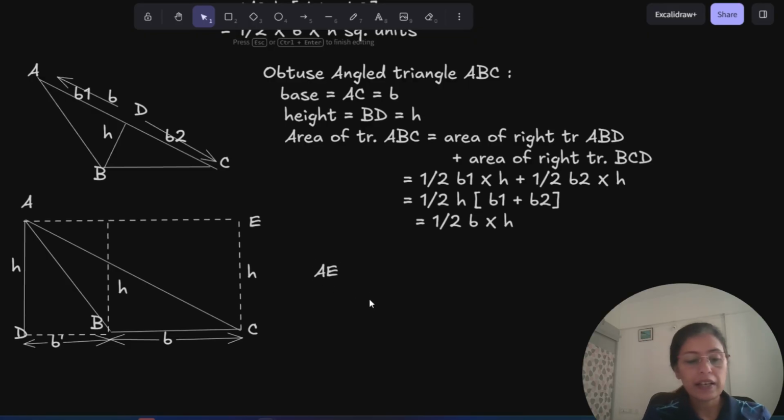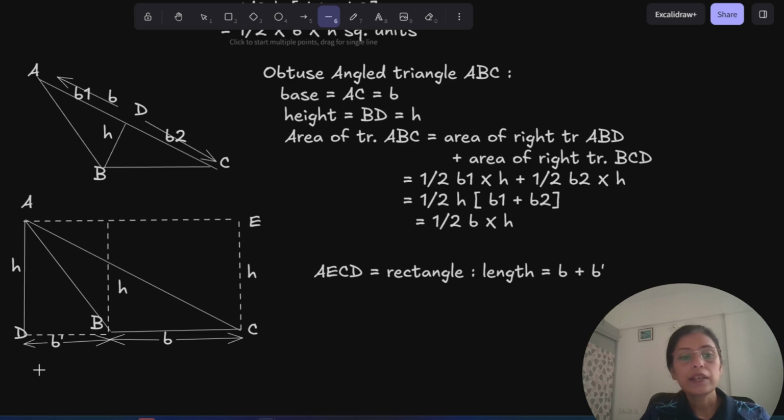So what we see here, A, E, C and D. This is forming a rectangle with length. Length is B plus B dash, right? This whole thing is the length of the rectangle, but the height is H. Right?